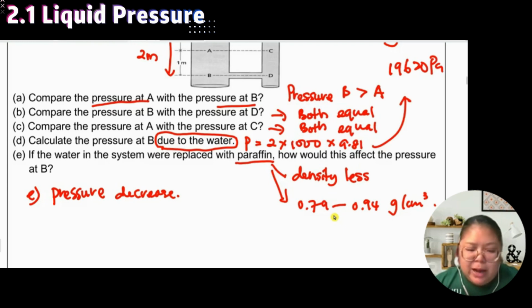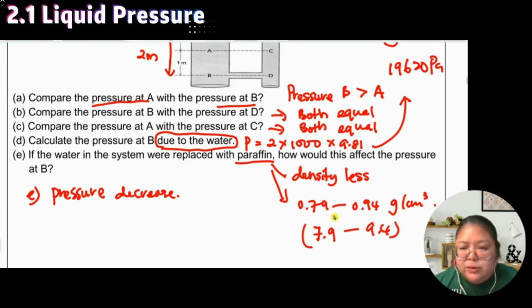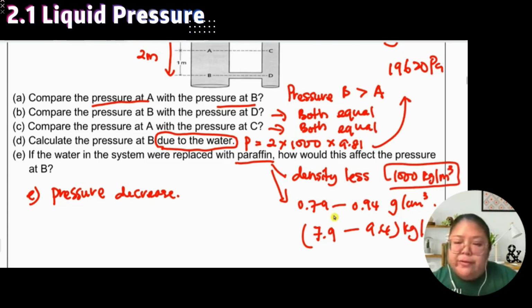So 7.9, and 0.94 by 1,000, then divide again by the cm square, 1 times 10 power negative 4, giving 9.4. So that means the paraffin is like this only. Water is already 1,000 kg per cubic meter. This one is water, this one is paraffin. So paraffin is very light. I find that when the density is small, the pressure also decreases.